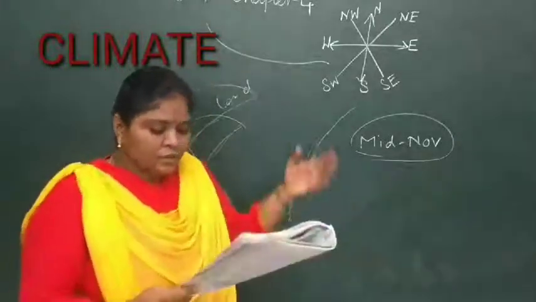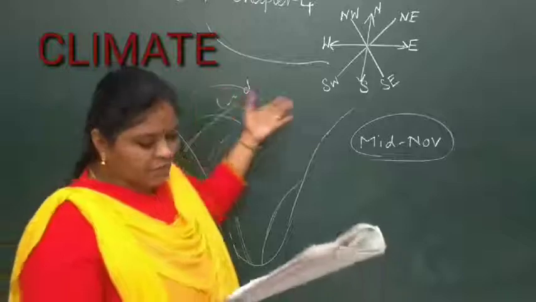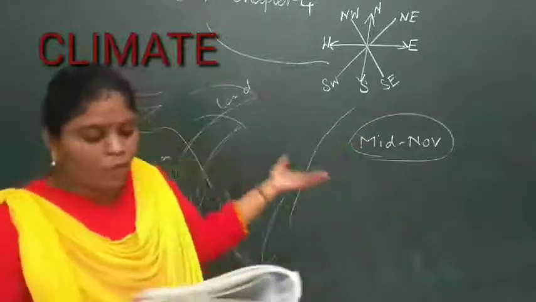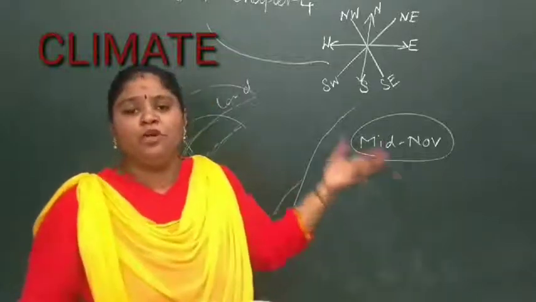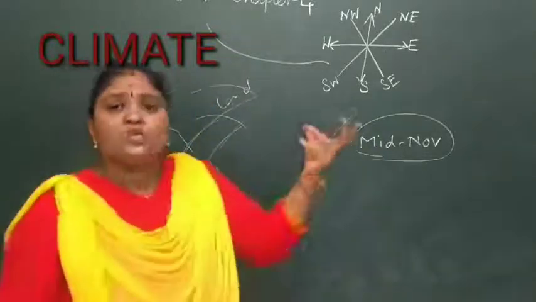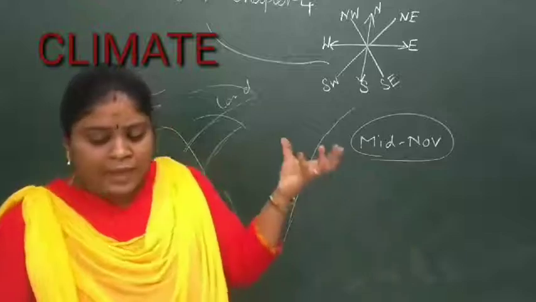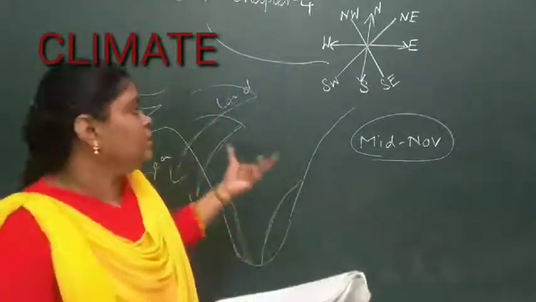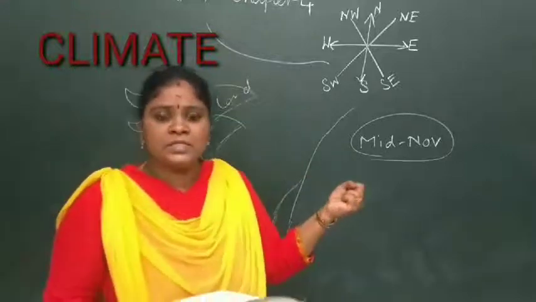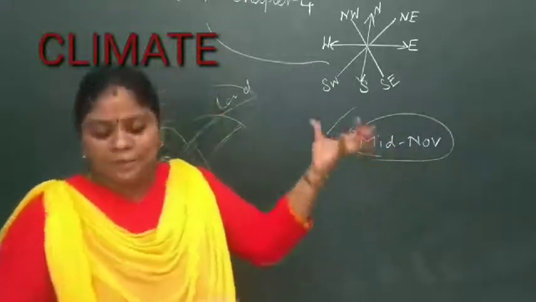The rainfall received in the winter season is also very small. In a few places it will be in the form of rainfall, in a few places in the form of snow. The small amount of rainfall that is received is known as Mahawath.